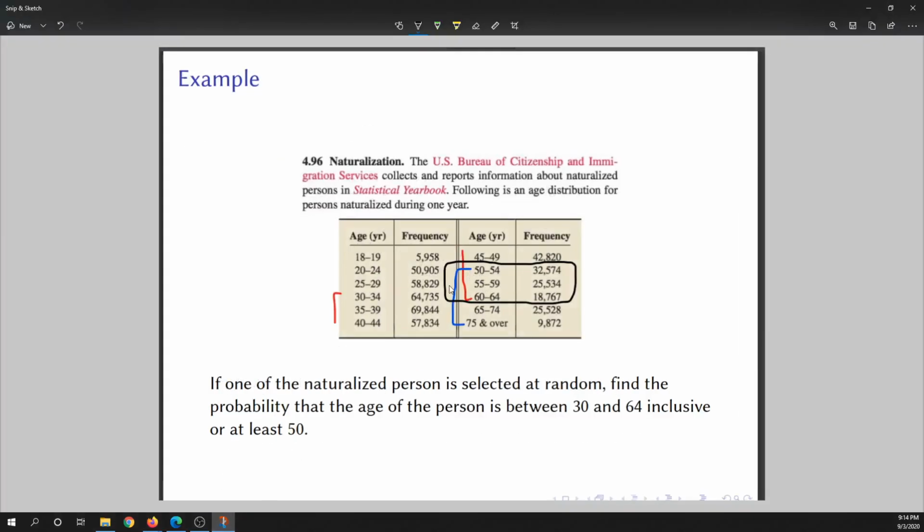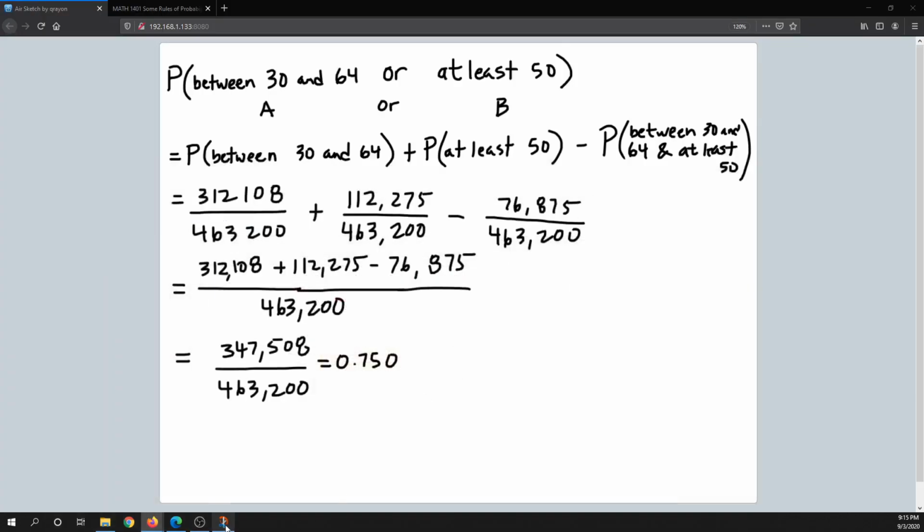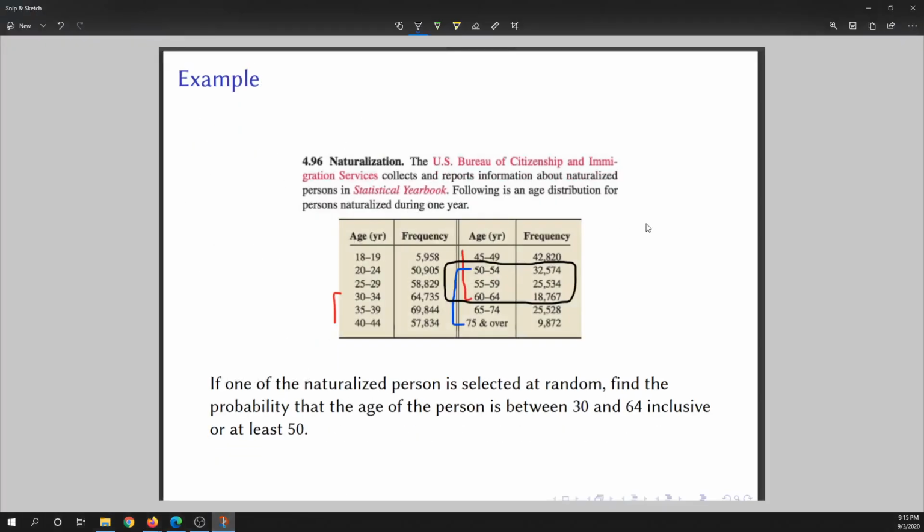And again, that minus part, right, we are subtracting out the numbers that are in both of these categories here. Okay. So that's the reason why we're subtracting off this probability. All right, so that's the general addition rule.